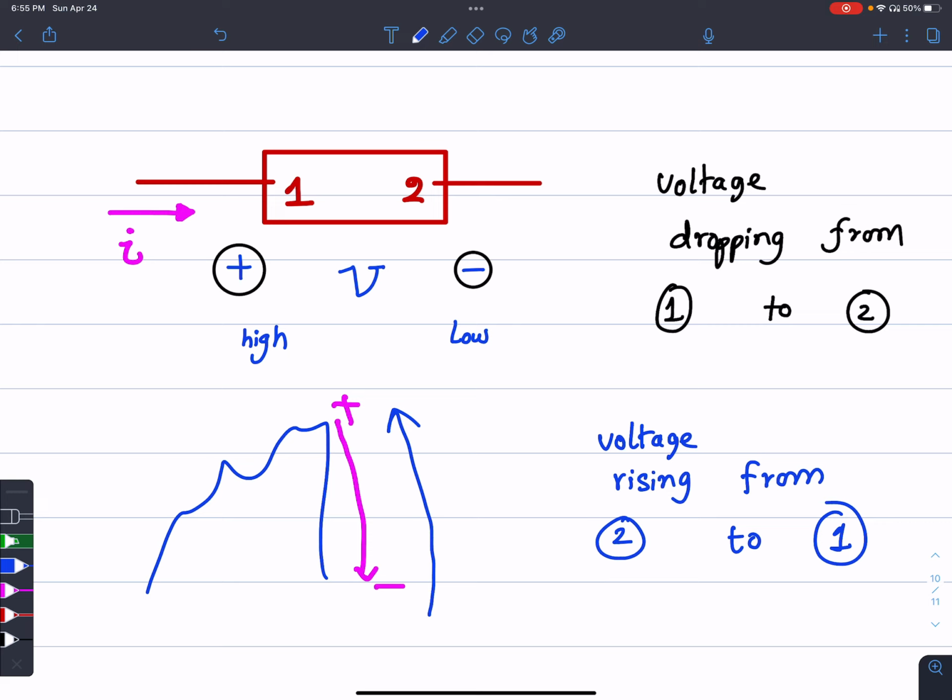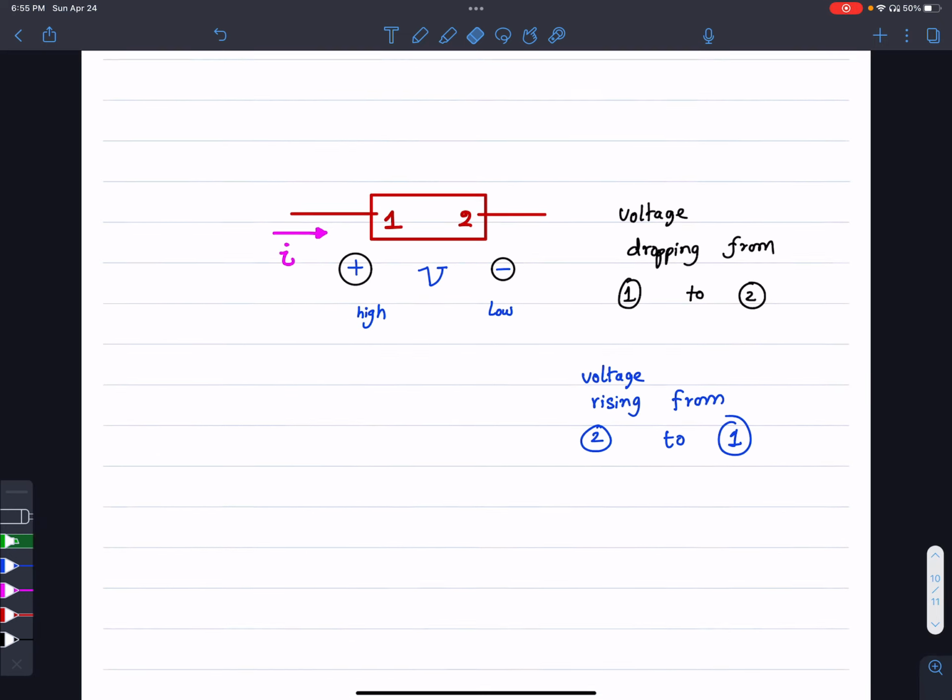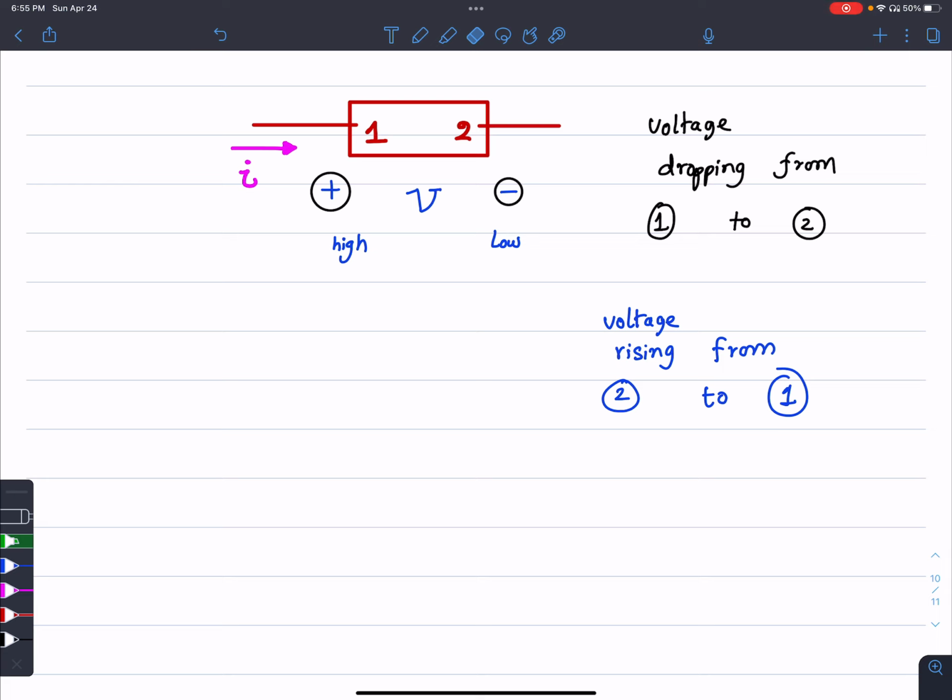Both of these mean the same thing: one is at a higher potential and the other is at a lower potential. So voltage dropping from a positive terminal to a negative terminal is the same as saying voltage is rising from the negative terminal 2 to the positive terminal 1.